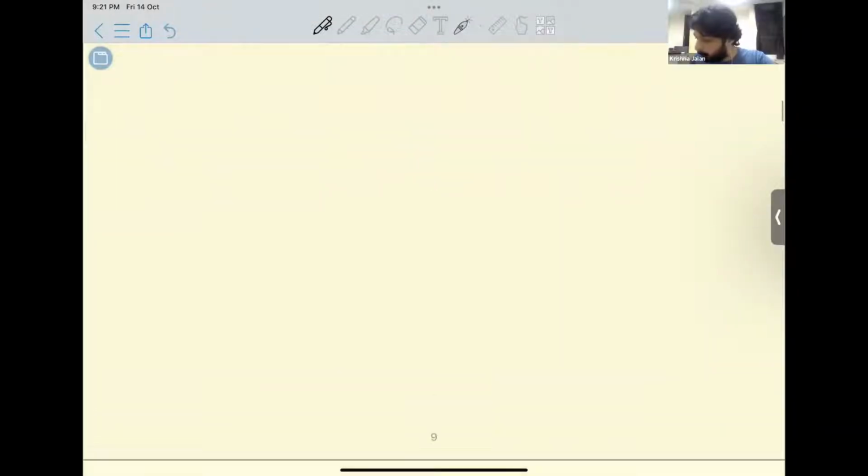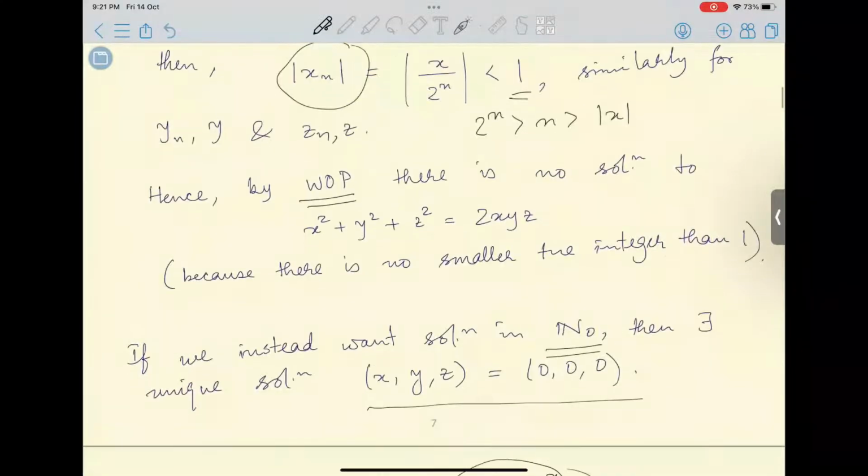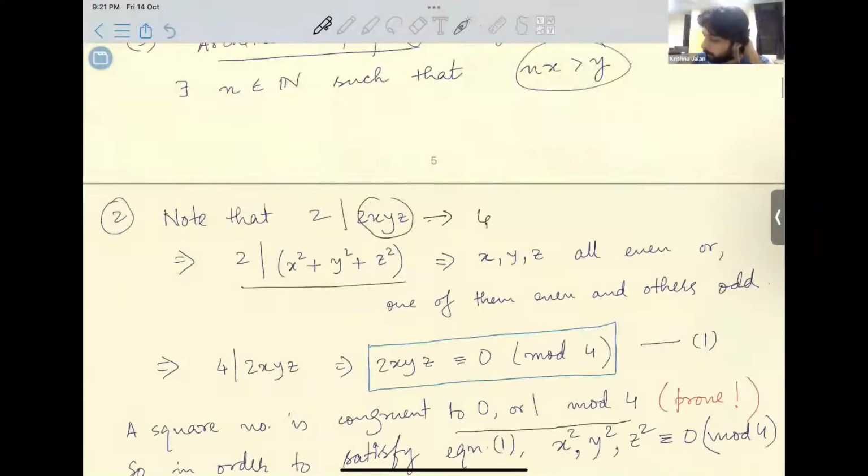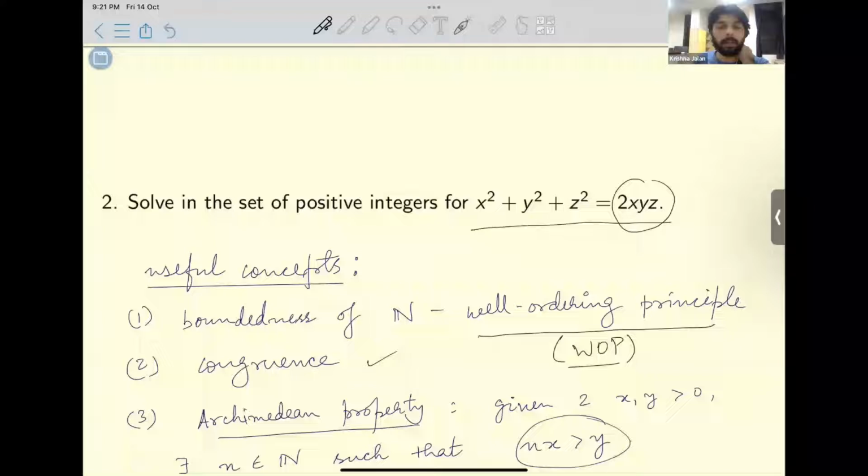Okay, so moving on. Excuse me, sir. Yes. Sir, the word which you have used here, the WOP, that is the well ordering principle. Is this applicable to all the numbers, like real numbers, irrational, rational? No. It's not applicable to integers, even to rationals, to irrational, or to real numbers.